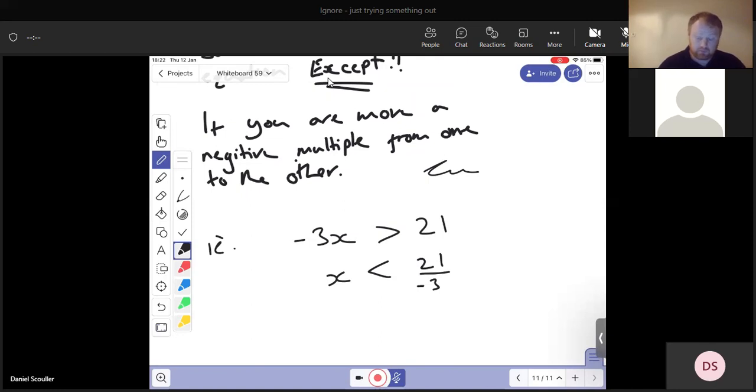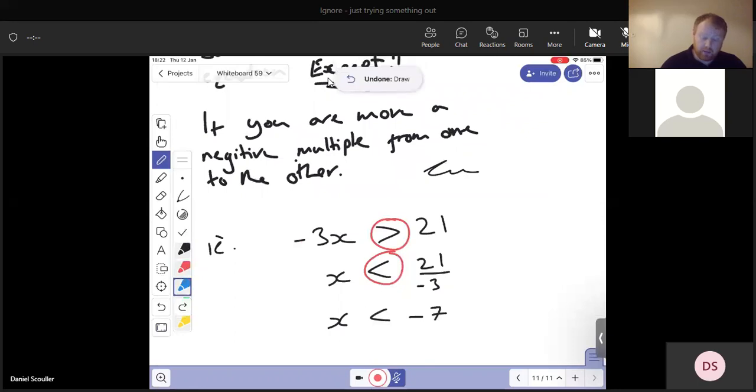So in that case, and we'll do a couple more of these, so don't worry, this symbol flips. You can see the direction of it flips. That's the only occasion, when we're moving a negative, when it's been used as a multiple.